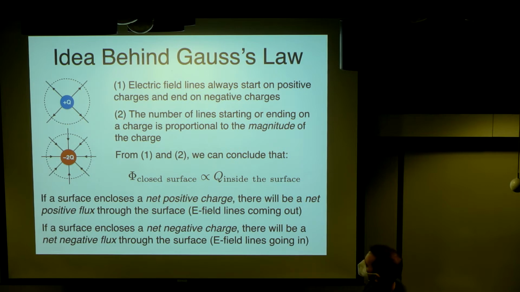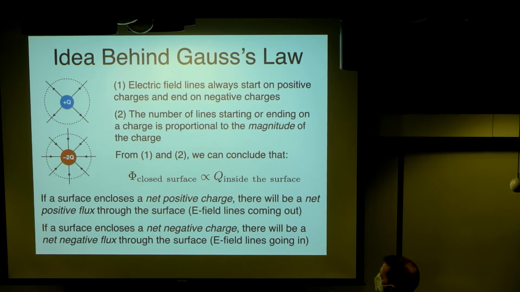Number two, the second fact is that how many E field lines we have, either coming off of a charge or going into a charge like this, depends on the magnitude of that charge. So in other words, if we look at these two pictures side by side, where I have positive Q and negative 2Q, this one, in terms of the magnitude of the charge, is double. So it should have twice as many lines connecting to it. And that's what we see there.